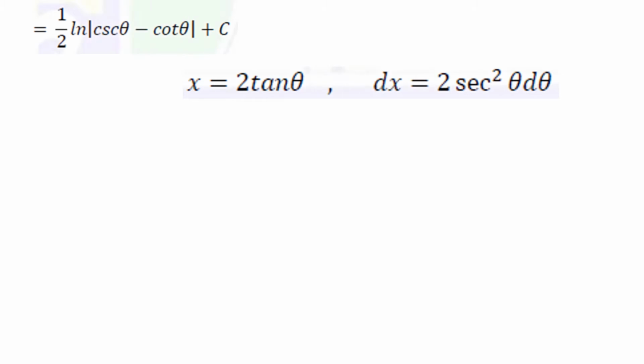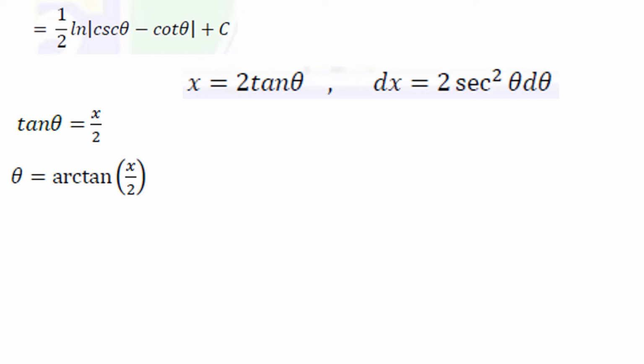Since we made a substitution where x is equal to 2 tangent theta, we can say that tangent theta is equal to x over 2, wherein the angle theta is equal to the arctangent of x over 2.